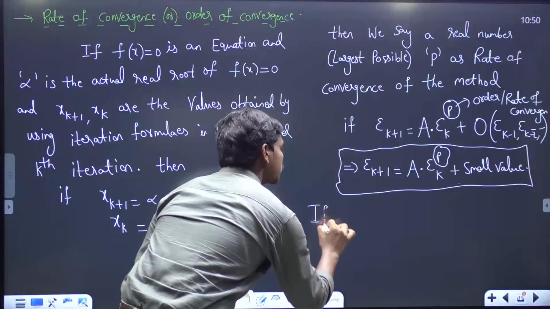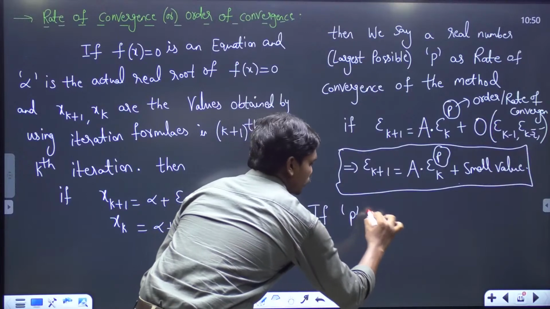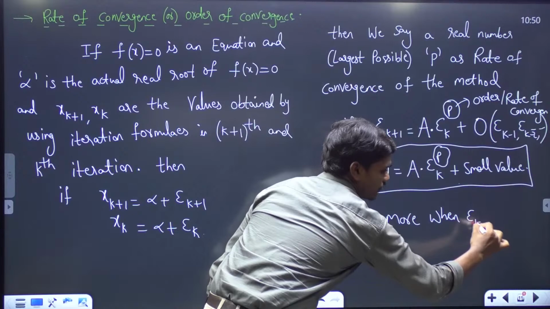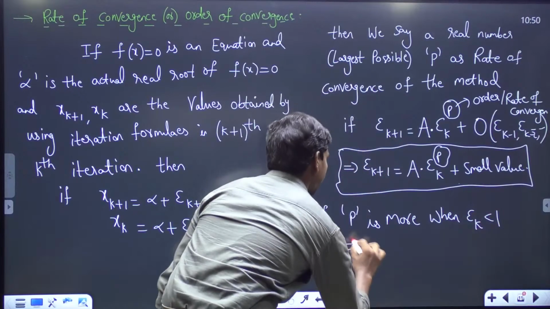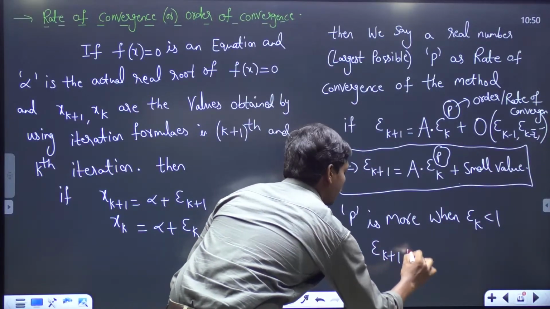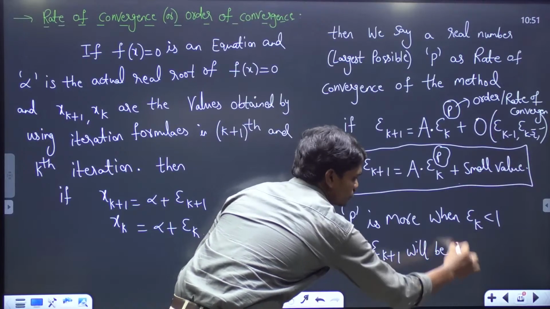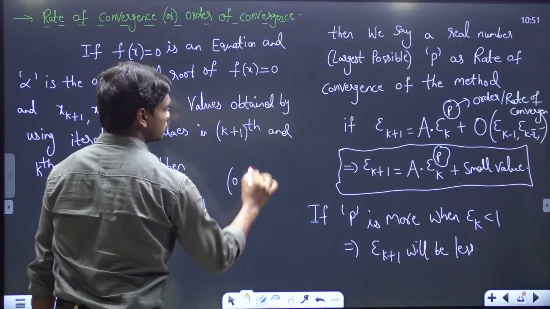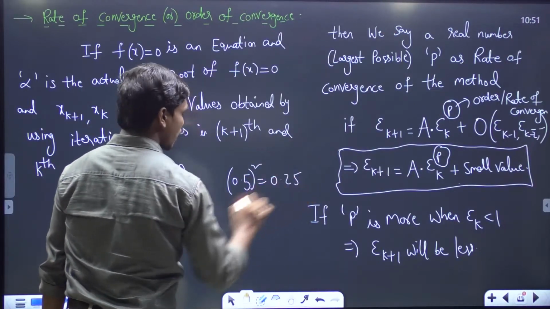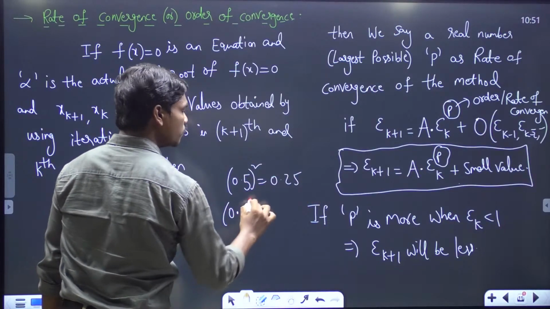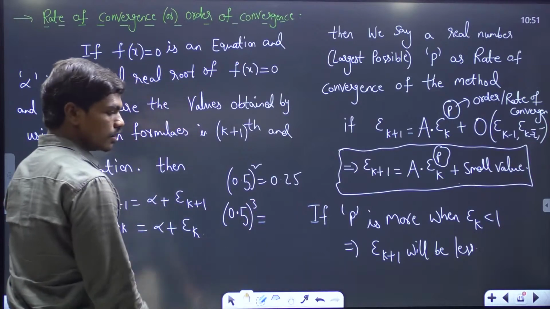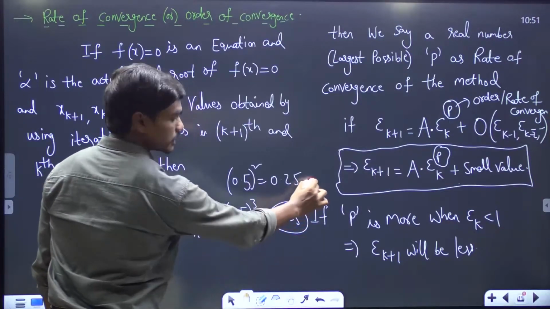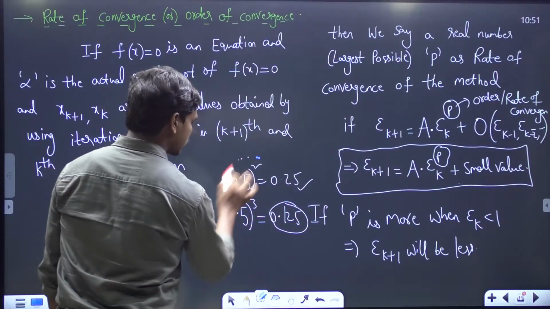If p is more, when e_k is less than 1, this implies e_{k+1} will be less. Because if you write 0.5 squared, this is 0.25, but if you go for 0.5 cubed, the answer is 0.125, which is smaller. Always less.